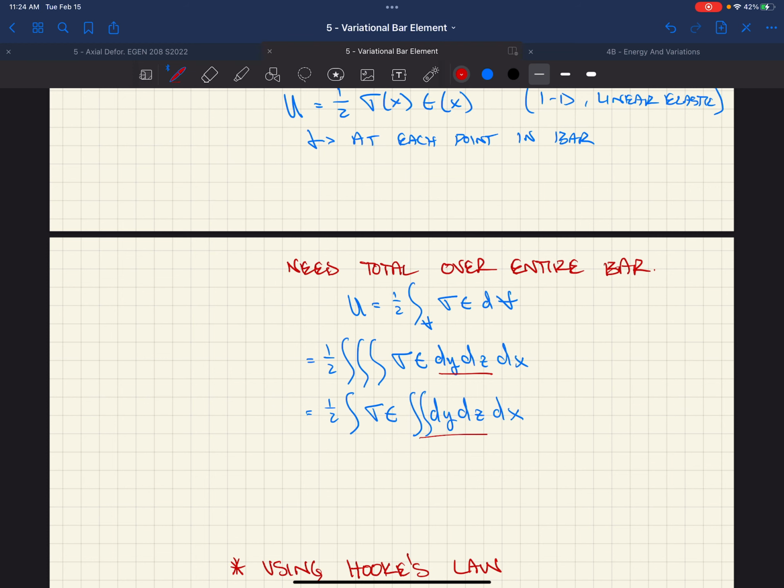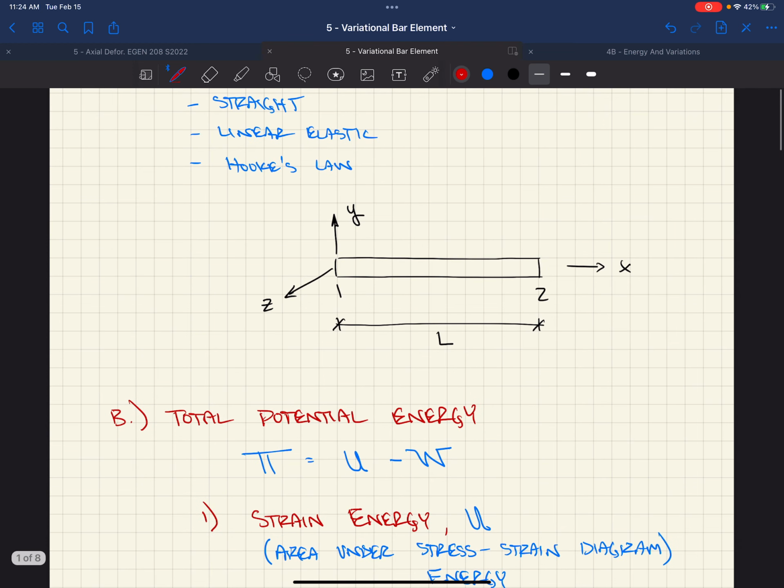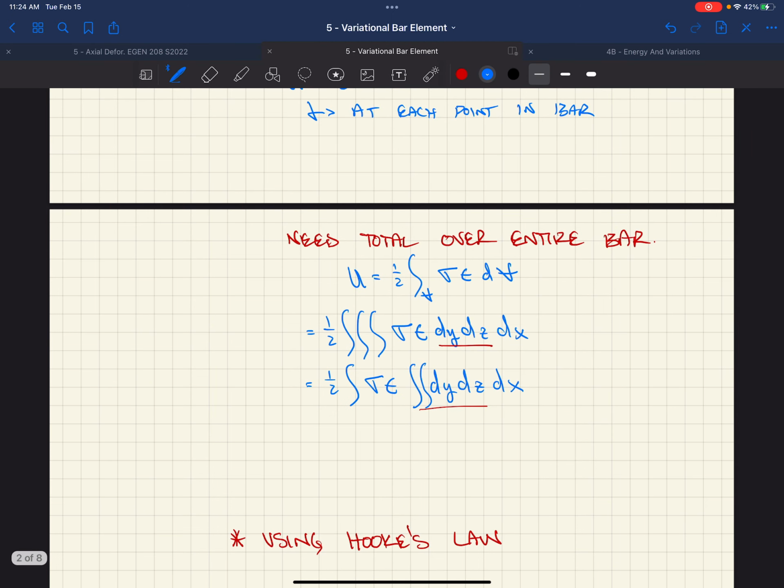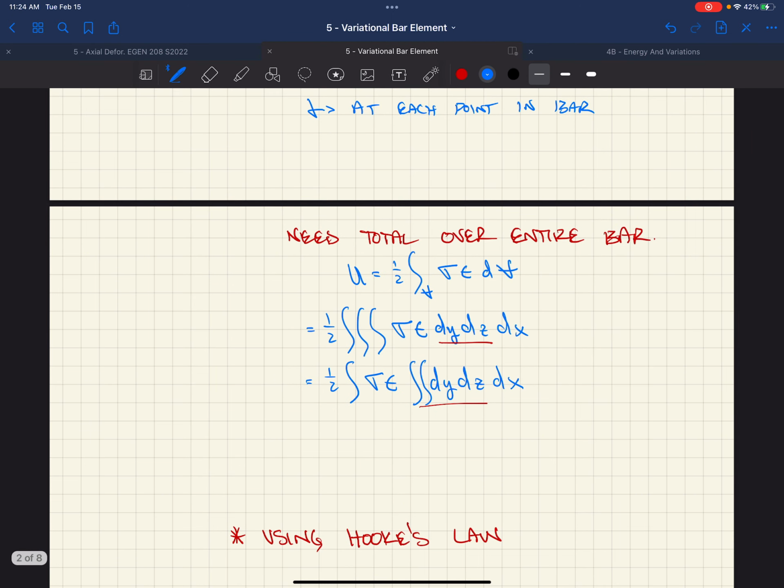That's just the cross-sectional area with respect to y and z. So we're going to just replace that, and we get 1/2. Now we have the integral with respect to dx.